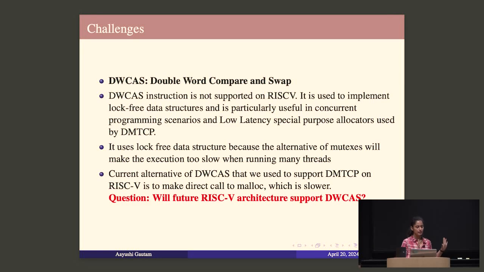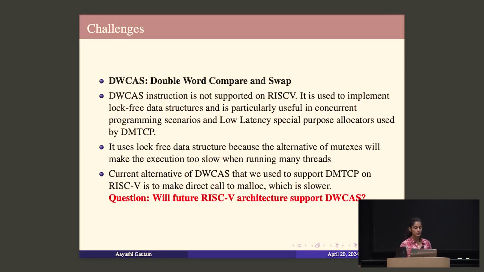So basically it is an atomic instruction used in multi-threading to achieve synchronization. It compares the contents of a memory location with a given value, and if they are the same, modifies the content of the memory location to a new given value, and it is done all in a single atomic operation.